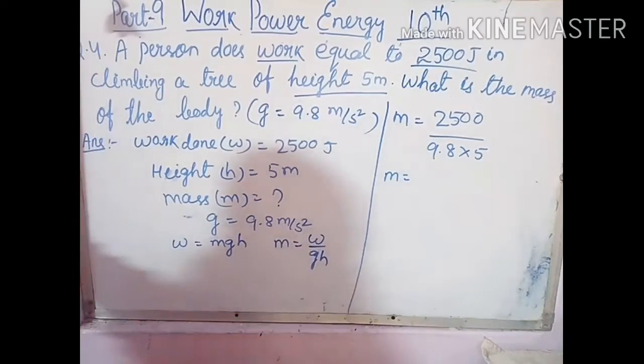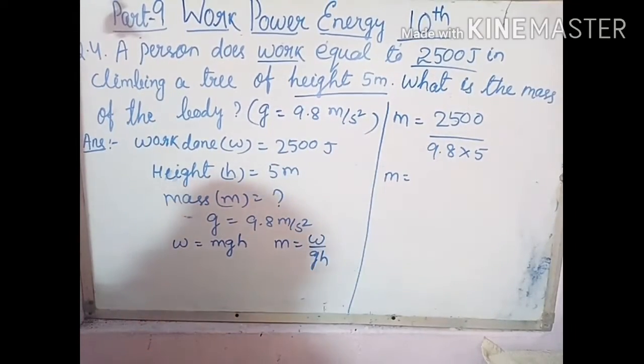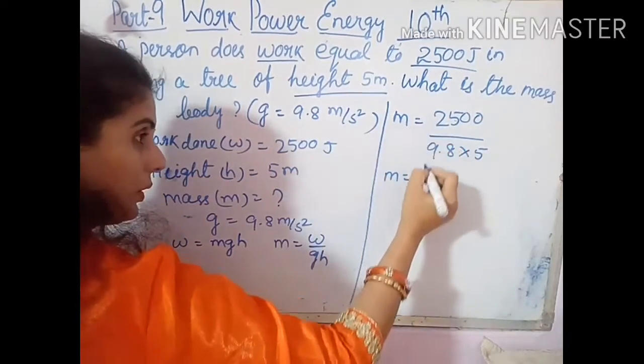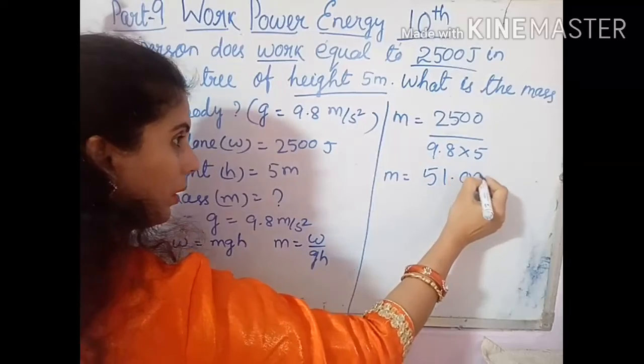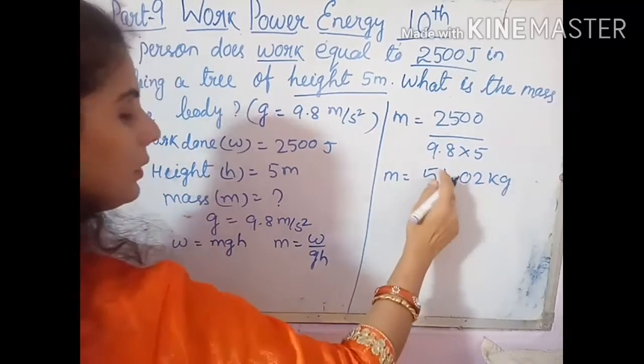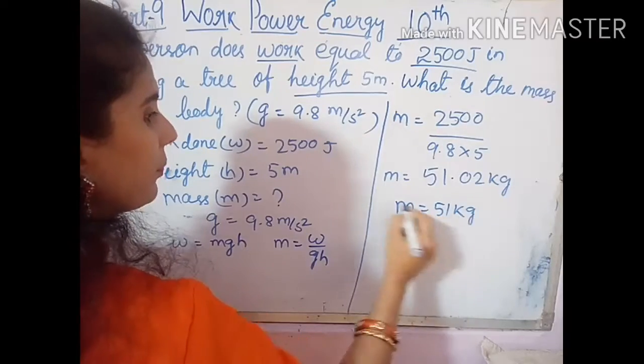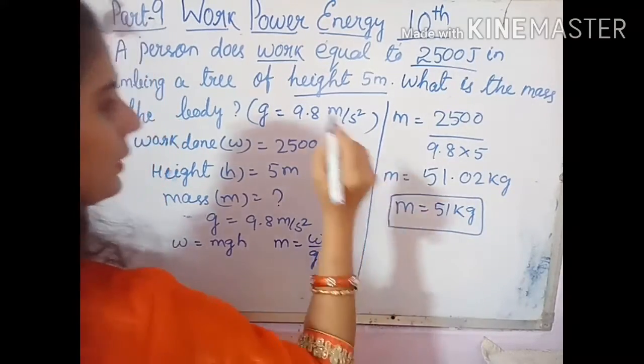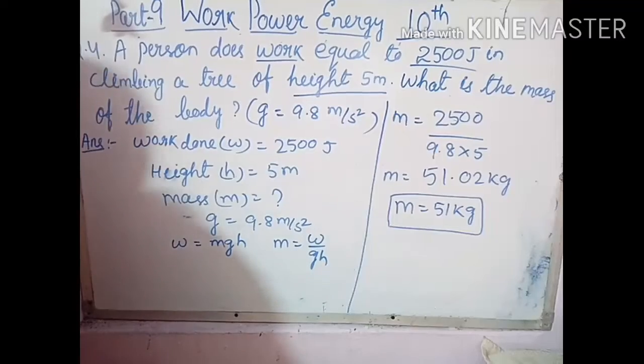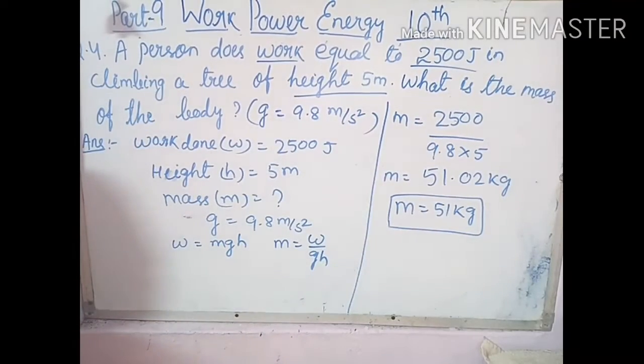Now solve this. On solving you will get the answer 51.02 kg, or you can write the approximate value M equal to 51 kg. So that is your final answer. Now children, understood? Now let's see the next question.